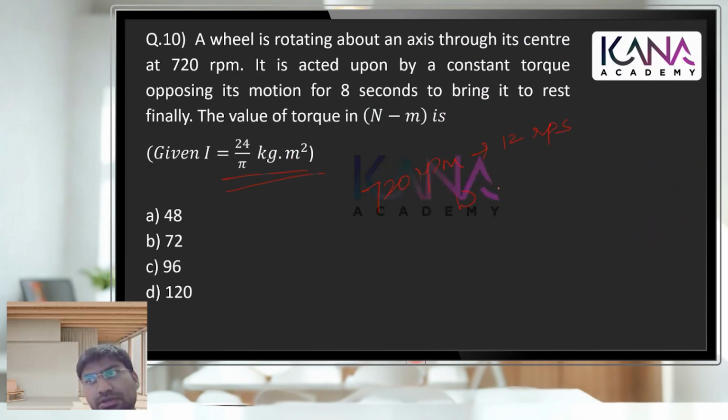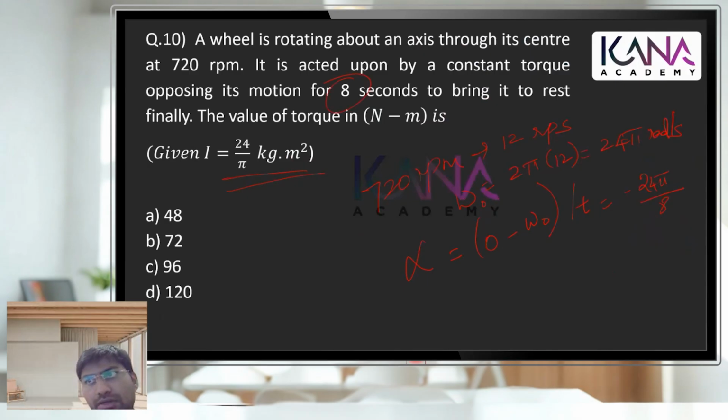So initially omega is 2 pi into 12, so that is 24 pi radians per second. And angular acceleration is 0 minus omega by t, so minus 24 pi by 8 seconds.